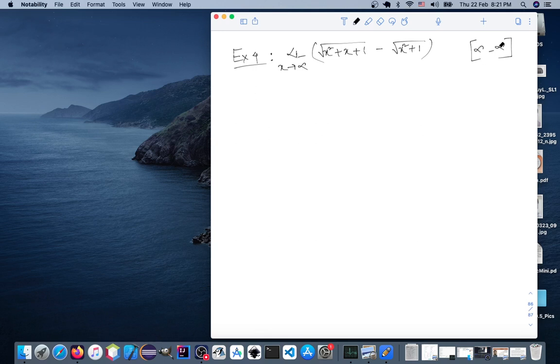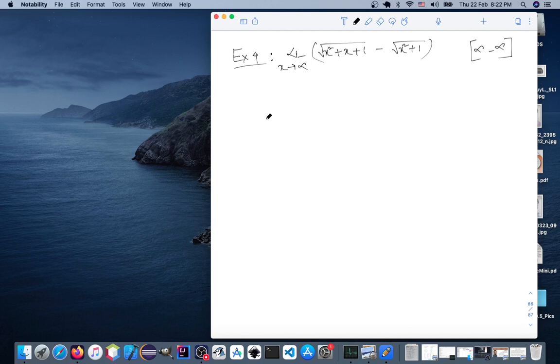Okay. If we rationalize this term, we will get x square plus x plus 1 minus x square minus 1. So x square gets cancelled out, x square and 1 get cancelled out and we are left with x, and we will have roots in the denominator.